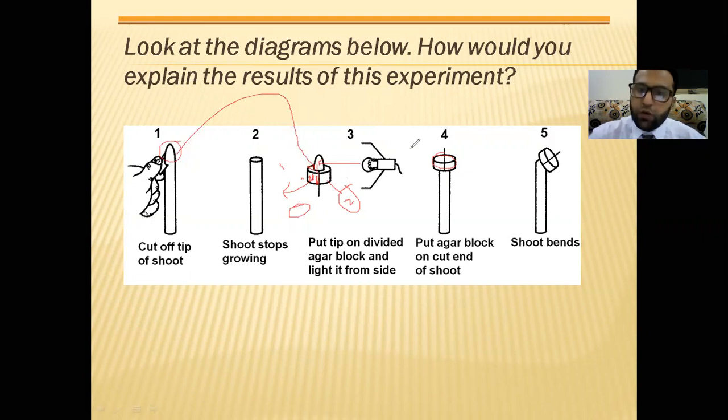And how do we know? When we put this block over the shoot, the shoot bends in this direction. It means something is going from this part one of the agar block, and because of that, bending should happen, right?